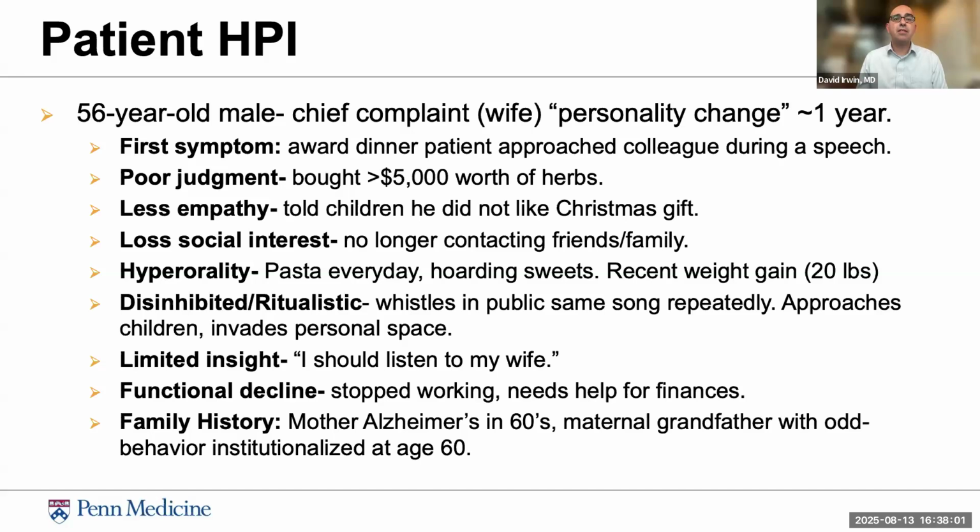There are other aspects of social interaction or reduced social judgment, including a withdrawal, not contacting family and friends, not initiating social events like before, as well as more active symptoms of approaching children and people on the street and pets.